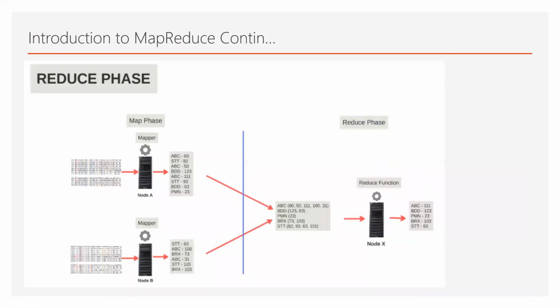In the reduce phase, you get the grouped key. As I discussed yesterday, in this program we consider the stock symbol as the key and the closing price as the value, and we want to find the maximum closing price of each stock. The key is the stock symbol, and all the grouped values come with it.